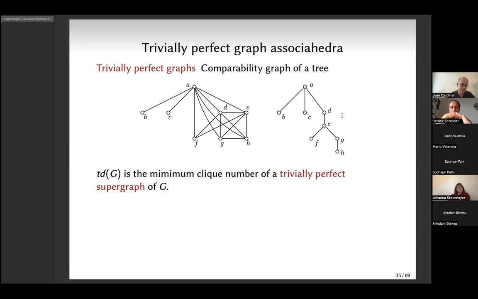Now there's an alternative definition of the tree depth of a graph, just as you may know that the tree width of a graph is the minimum clique number of a chordal supergraph of the graph.